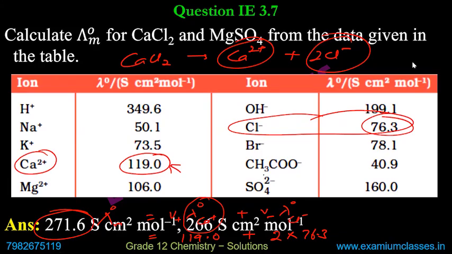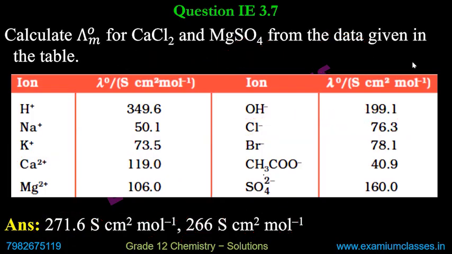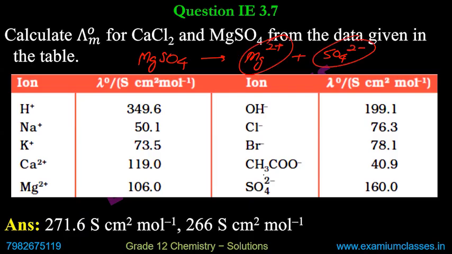Okay, what I was talking about, that similarly you can get the limiting molar conductivity of MgSO4 also. For MgSO4, again the reaction will be similar. MgSO4 will give you Mg2 plus and SO4 2 minus. So one cation, one anion.